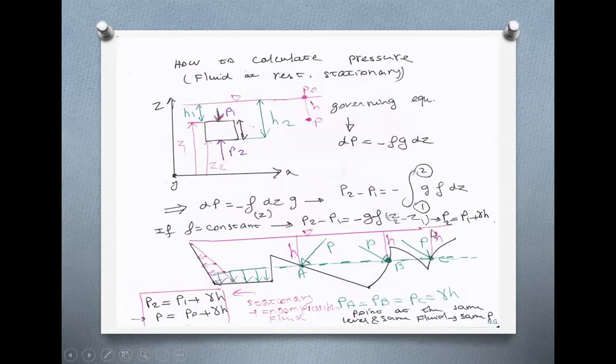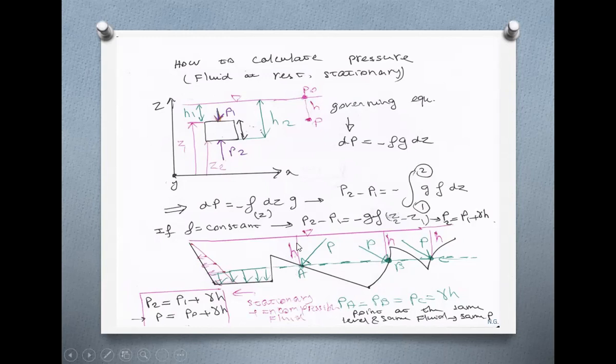Because A, B, and C are all located in the same fluid, H is the same for all of them, and P naught, the pressure on top, is the same for all of them. Because H is the same, at the same level in the same fluid, they experience the same pressure.